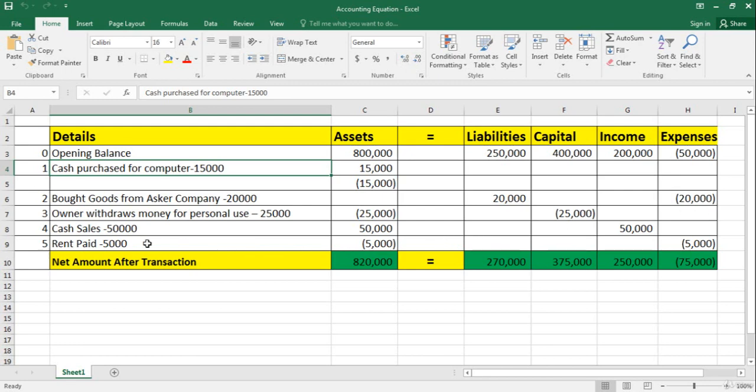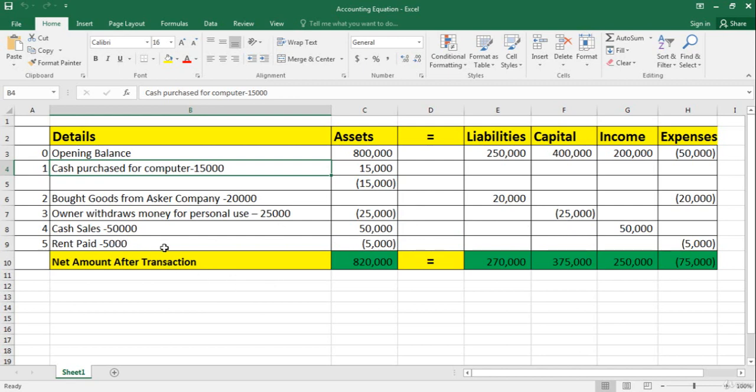Then the owner withdraws money for personal use, 25,000: capital decreases and money, which is an asset, decreases. Cash sale 50,000: sales are income, so income increases 50,000 and cash increases 50,000.